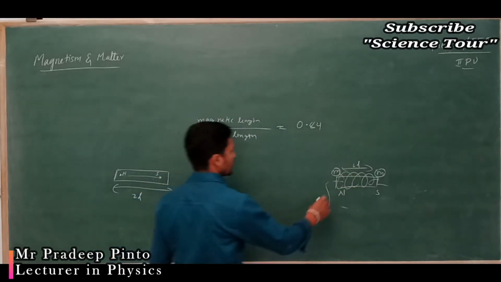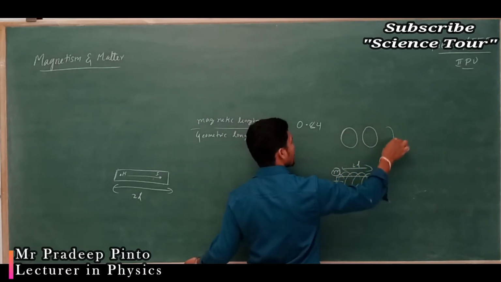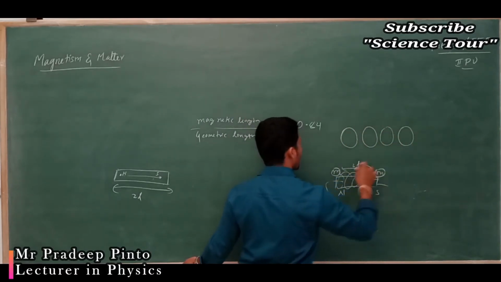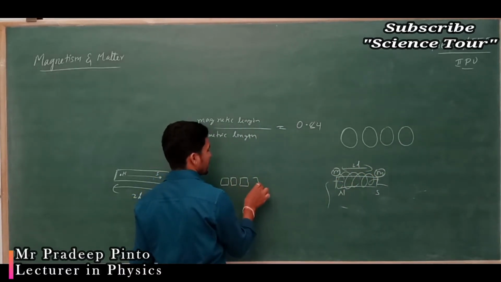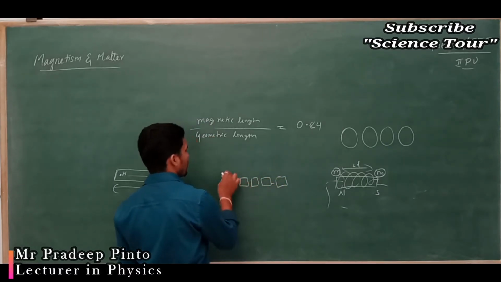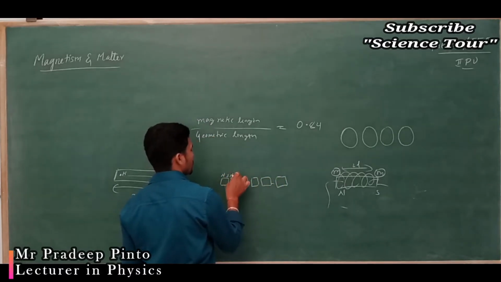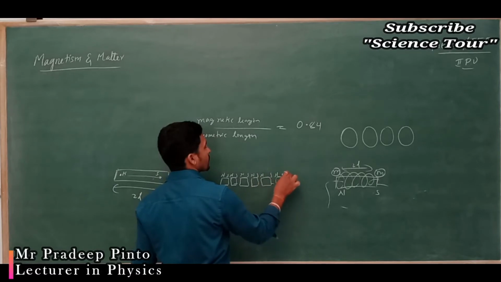So a single coil behaves as if it is a magnet, right? This magnet is one of a number of such magnets arranged so that a solenoid is formed. A solenoid is like this: north, south, north, south, north, south, isn't it?